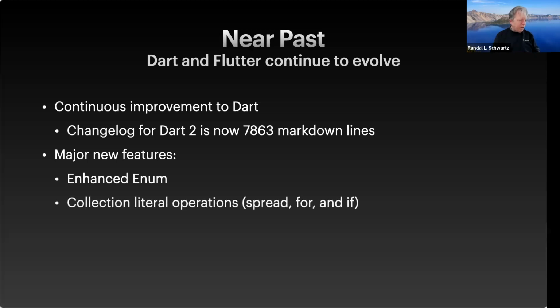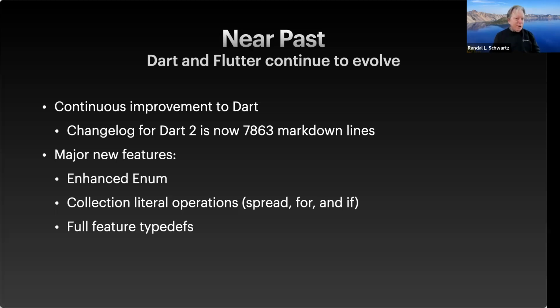Collection literals got a lot smarter. That really saved a lot of work. And it's great because Dart keeps evolving to make it easier and easier to write code. And that's the key thing, is that this is not a static language. Makes it harder on people who are writing books and training courses, because anything you publish today is out of date 6 months later, pretty much guaranteed.